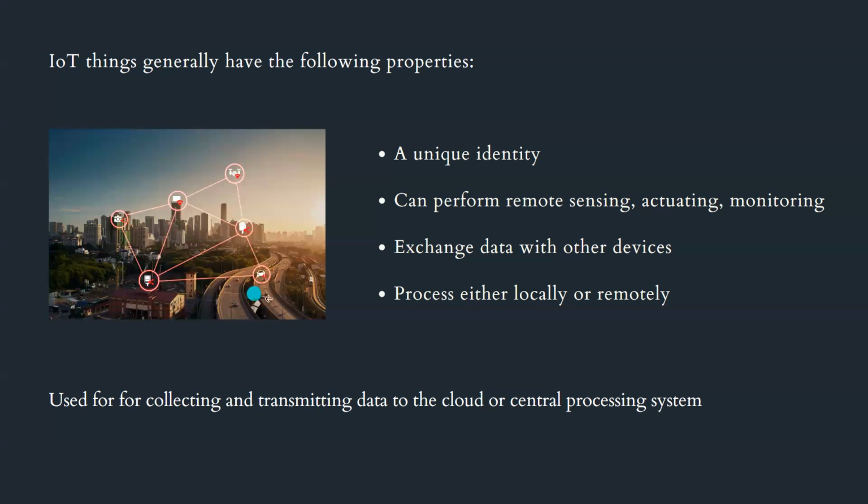So the embedded system at the device level can also do processing, which is known as distributed processing, or else the data can be collected at a central location and processed there in a centralized manner.